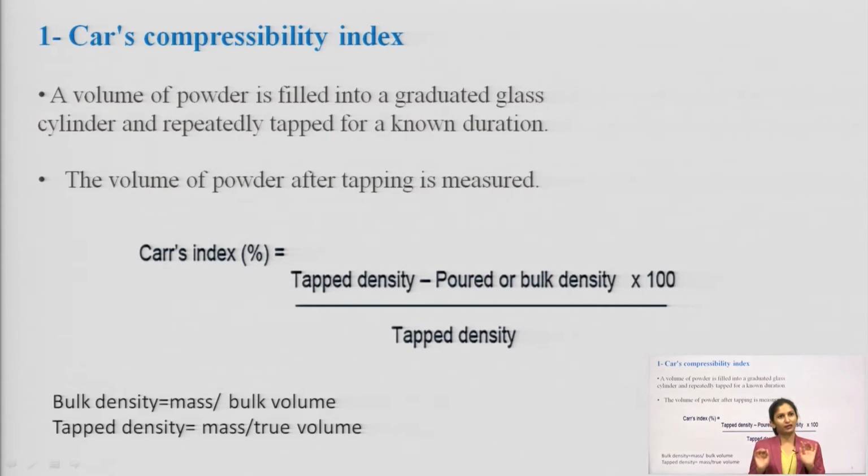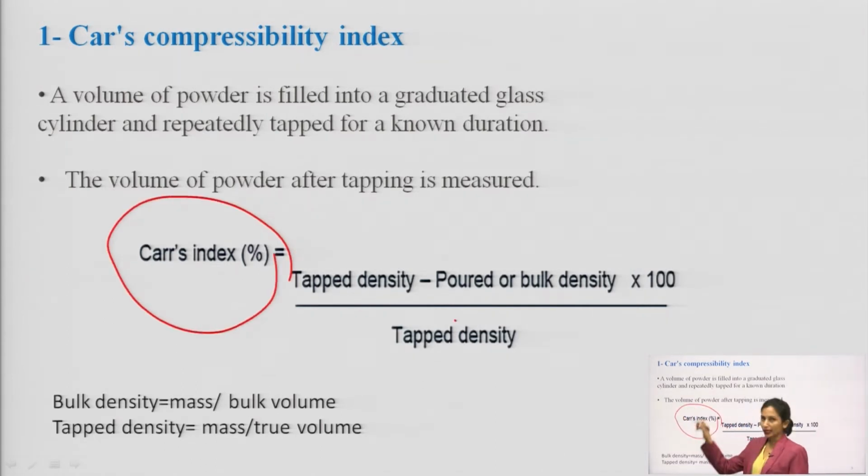So, from that calculation, you will get the value of tap density and bulk density. Just put the values of tap and bulk density in the given formula, then you will get the Carr's compressibility index. And whatever value you get from this equation, we have to just tally that value with this compressibility index table, which is already given.